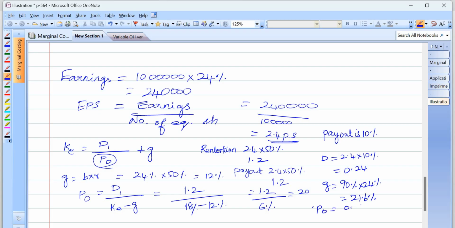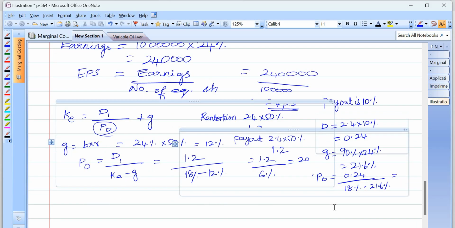D, that is 0.24, divided by K, 18 percentage, minus 21.6. So the denominator itself comes to negative. So the price will be negative.